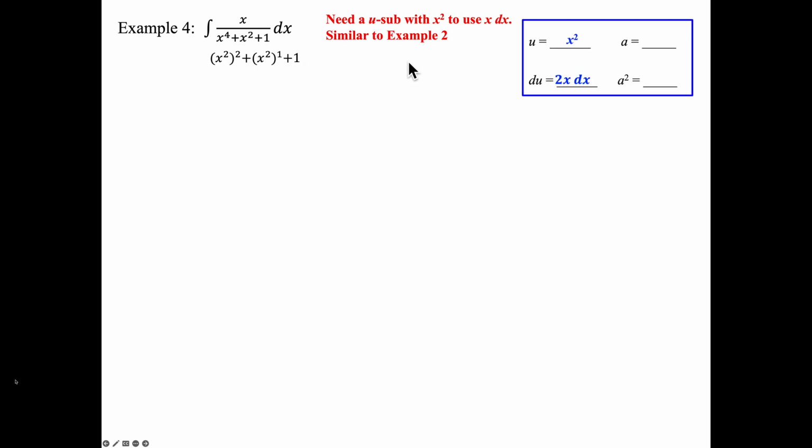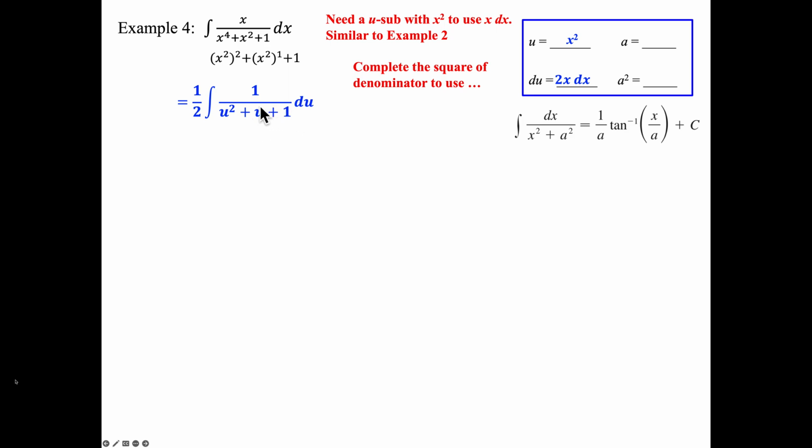So what I need to do is say u is going to be my x squared, du is going to be 2x dx, and I'm going to again try to get to that tangent inverse concept here. So if I put in my u's, I have 1 over u squared plus u plus 1. My x dx, and again, divide over the 2 to my du, so that's factoring out the 1/2.